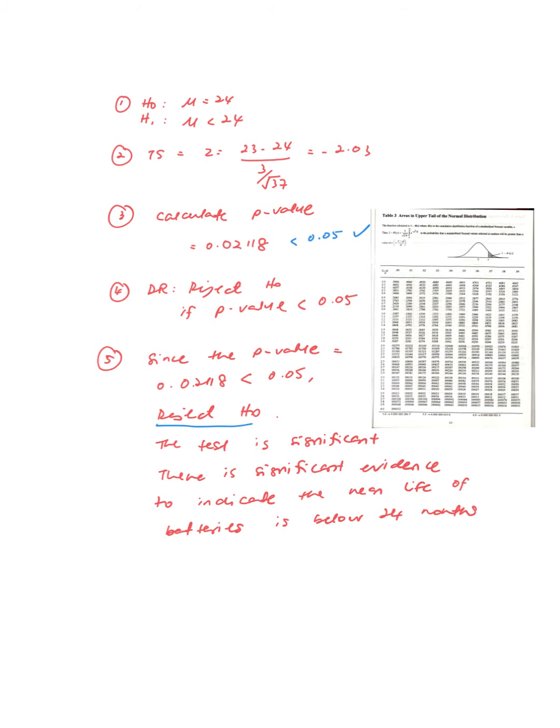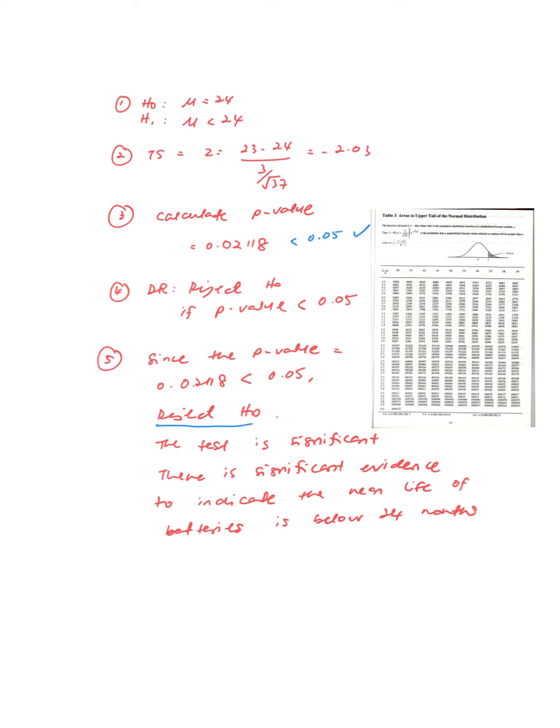So this is how, if the question asks you to use the p-value approach, first you need to find the value of the test statistic. Then find the value of probability for the test statistic that you have calculated, then compare with the alpha. Alpha is given in the question. If the p-value is less than alpha, then we reject the null hypothesis.